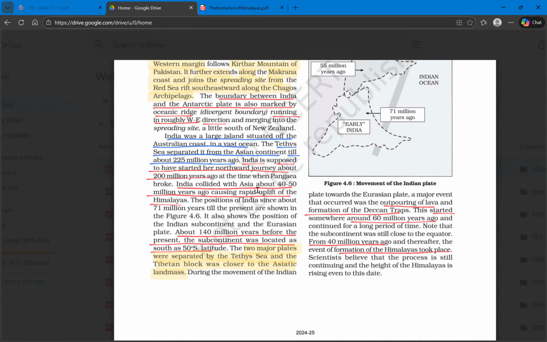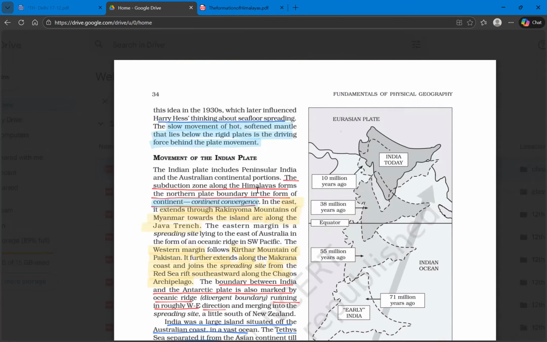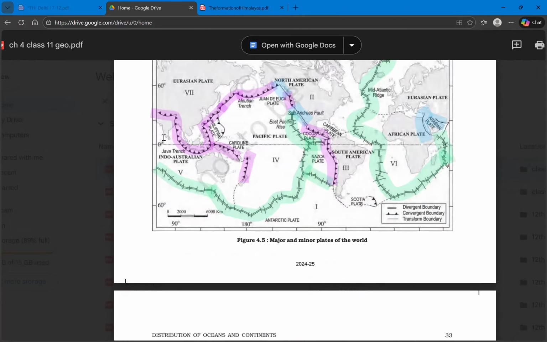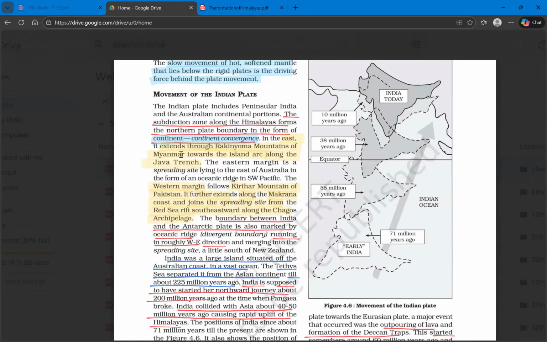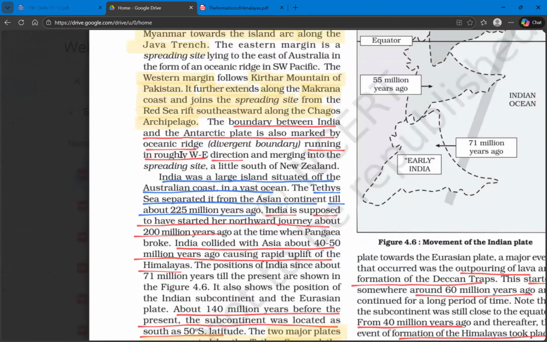The Tethys Sea separated it from the Asian continent till 225 million years ago. So, India is situated off the coast of Australia, and the middle part between the Eurasian plate and India was the Tethys Sea, which was separating both till about 225 million years ago.